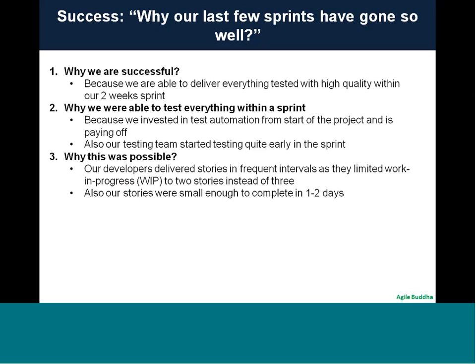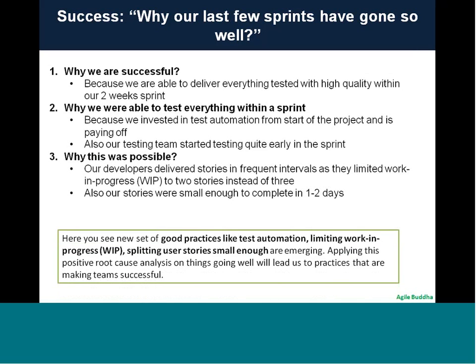Then the team asked why this was possible, because our developers were able to finish the stories at frequent intervals for multiple reasons. One is multiple people were working on one story because they had multiple tasks, and second, it was small enough that we were able to complete each story in 1 or 2 days.